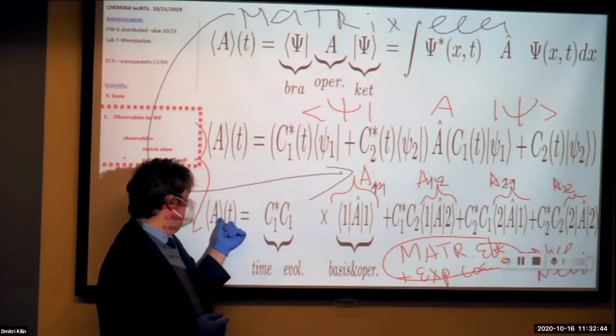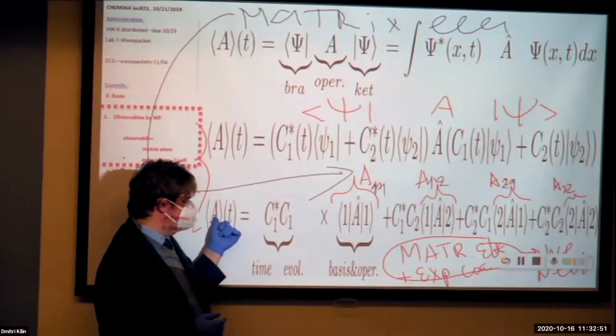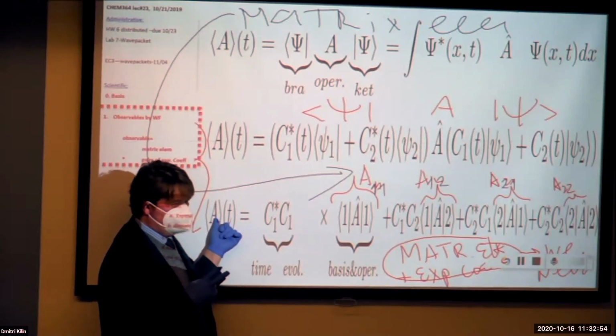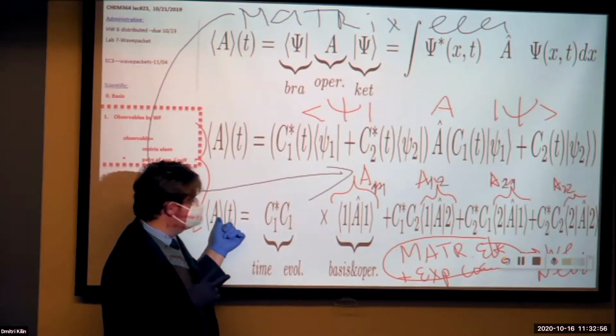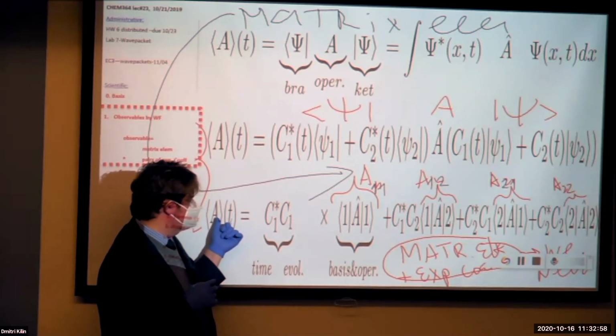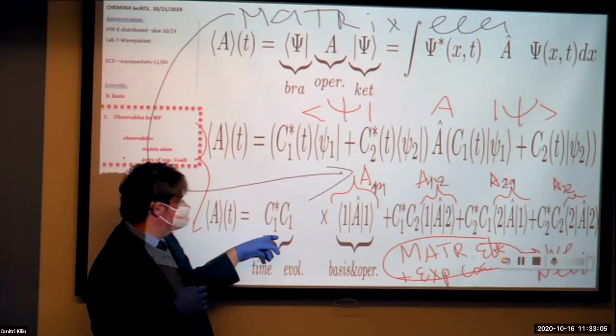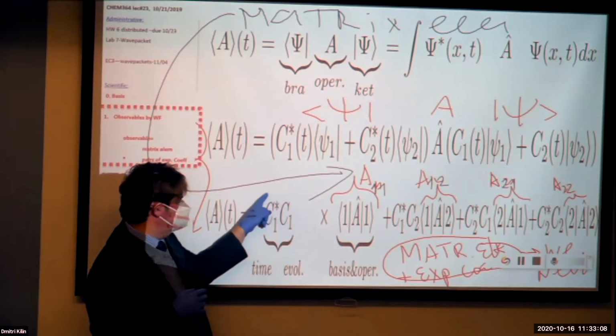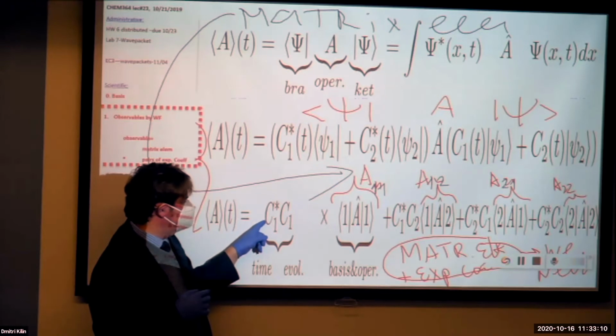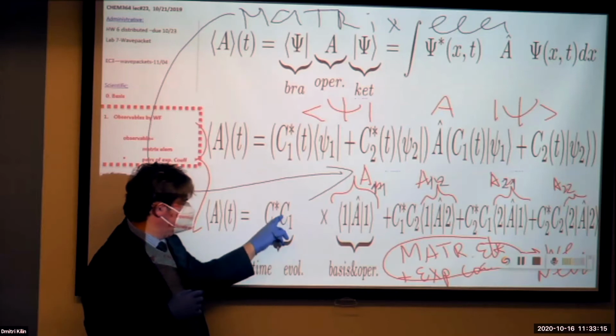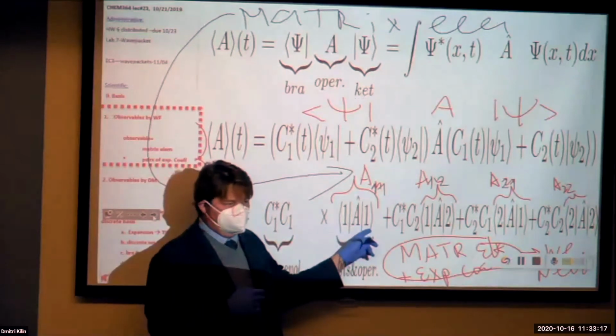So if the system is in the wave function psi, which can be represented as a superposition of first and second basis states with expansion coefficients C1, C2, then the expectation value of operator A can be composed as a summation of products, where in the product there is a time evolution term and then a matrix element.